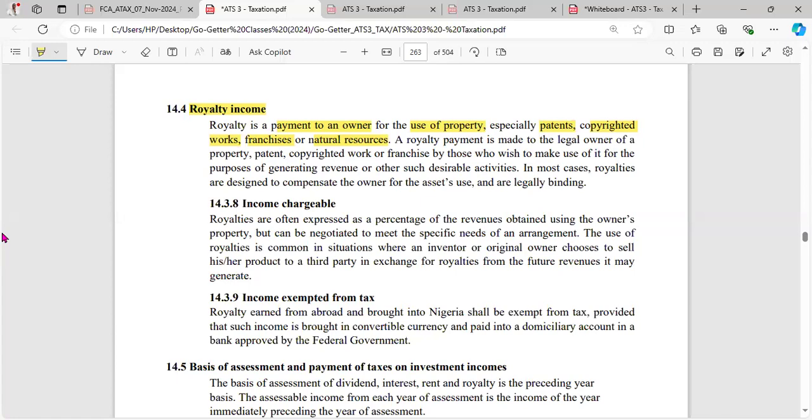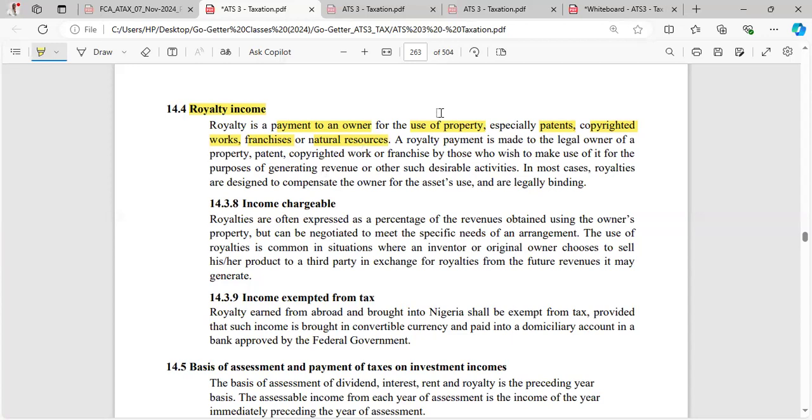They are going to be paying these artists a royalty. Or look at natural resources. Nigeria as a whole has all the natural resources, and a company is now mining oil. When the company is taking crude oil from the ground, the company must pay for taking that natural resource from the ground and doing business with it. So they must pay the federal government royalty.